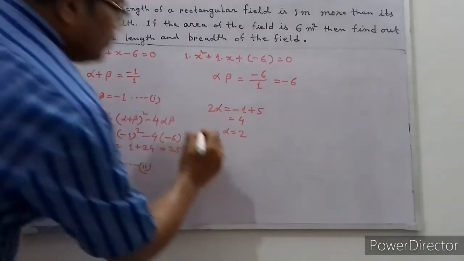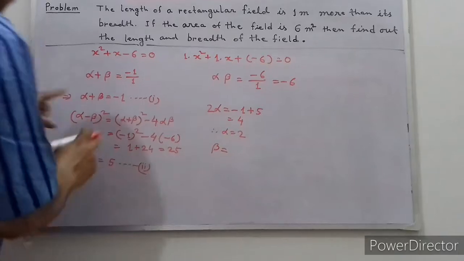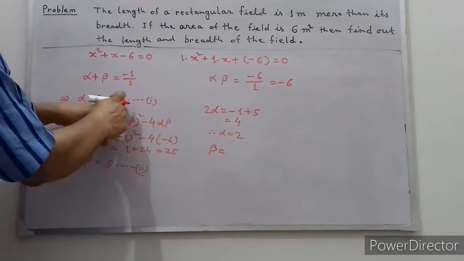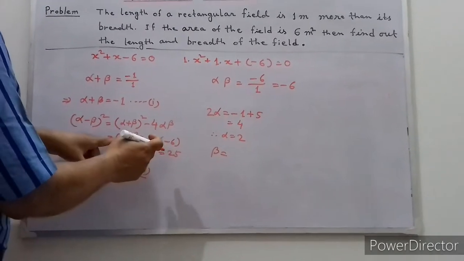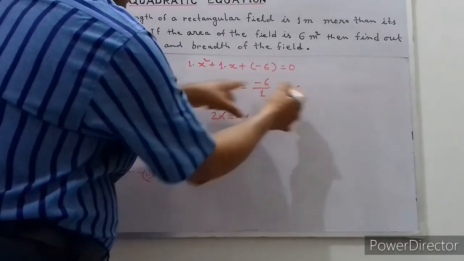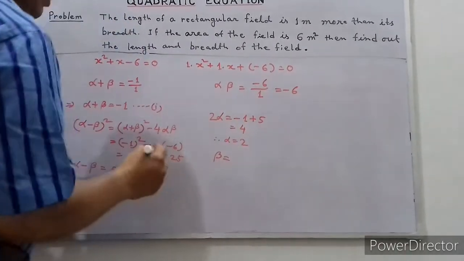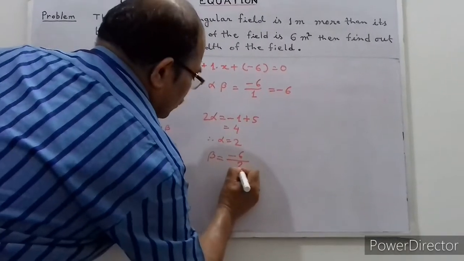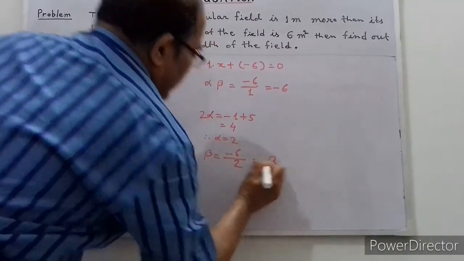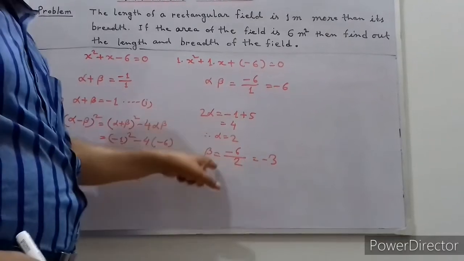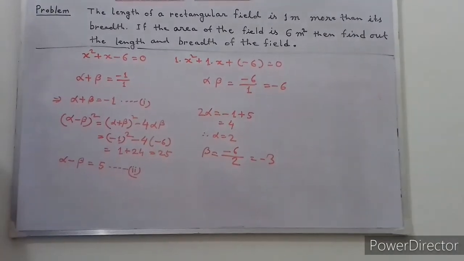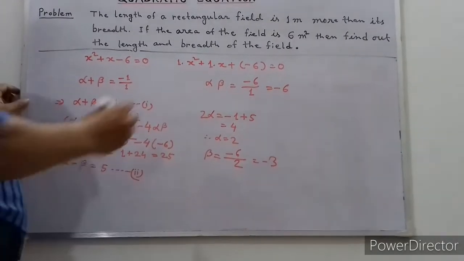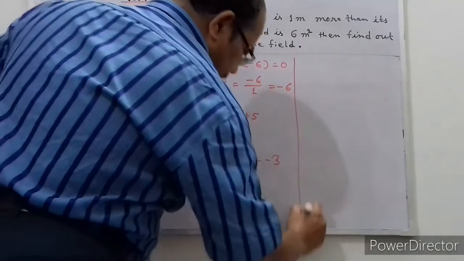Hence beta equals minus 1 minus alpha, or beta equals minus 6 by alpha. Suppose minus 6 by alpha, 2, equals minus 3. So alpha equals 2, beta equals minus 3. So the roots of the equation are like that.